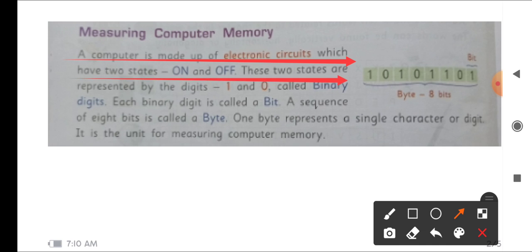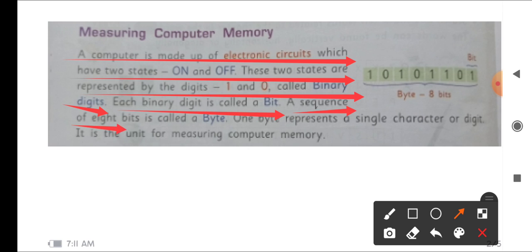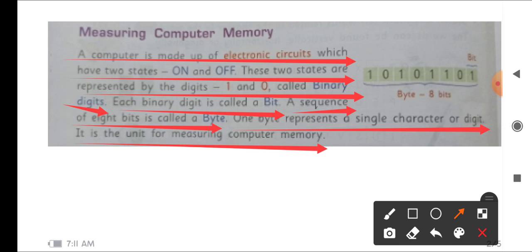These two states are represented by the digits 1 and 0, called binary digits. Each binary digit is called a bit. A sequence of 8 bits is called a byte. One byte represents a single character or digit. It is the unit for measuring computer memory.